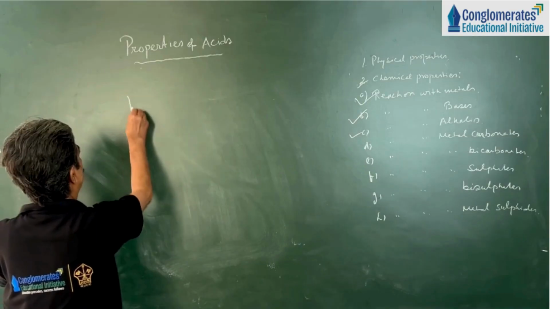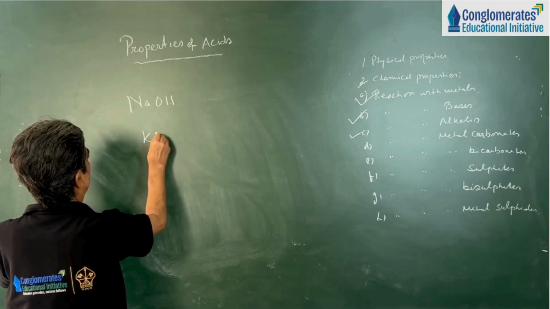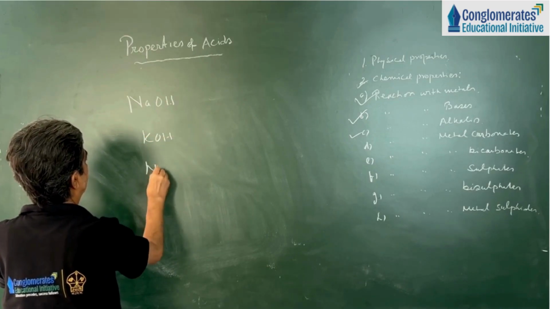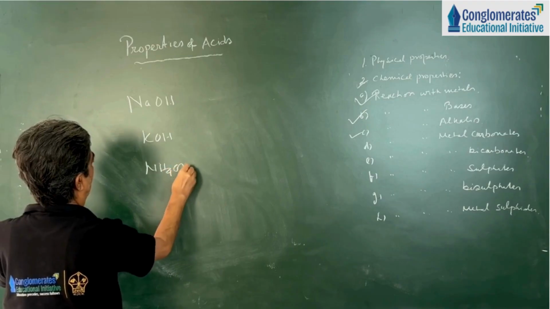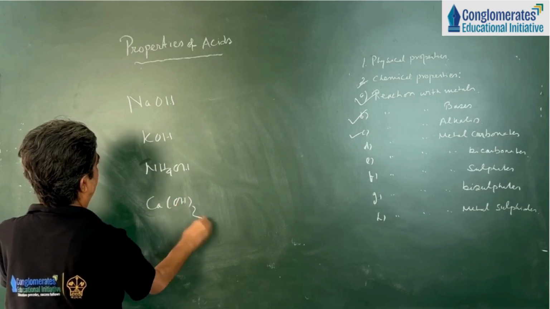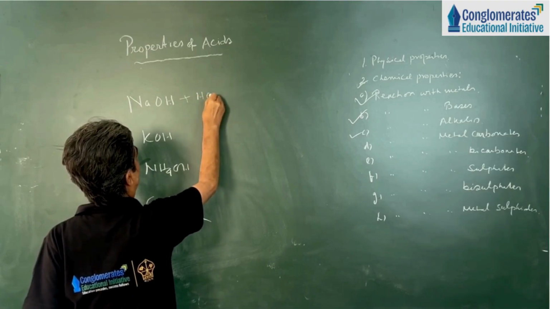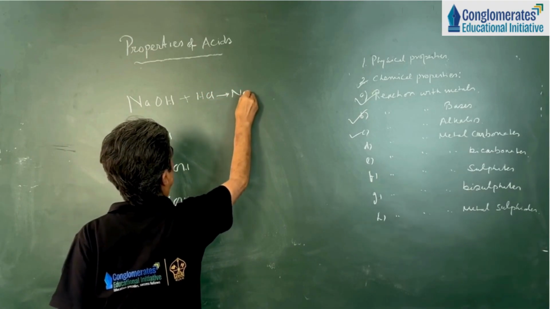Alkalis are NaOH, KOH, NH4OH, Ca(OH)2, etc. They react with acids: HCl to form NaCl plus water.